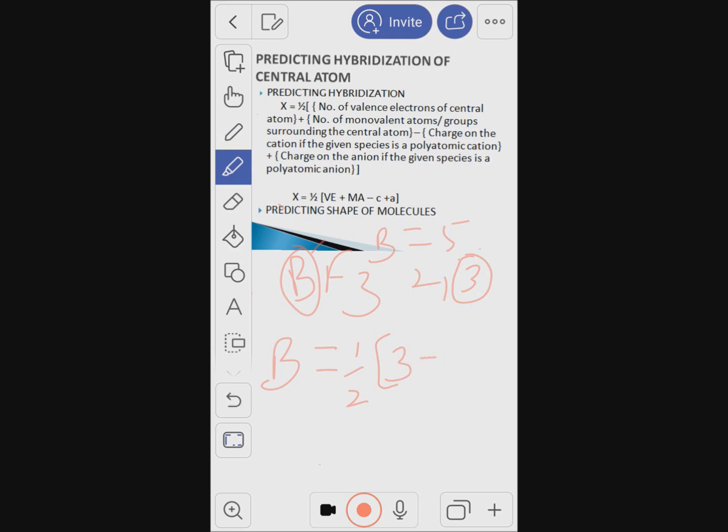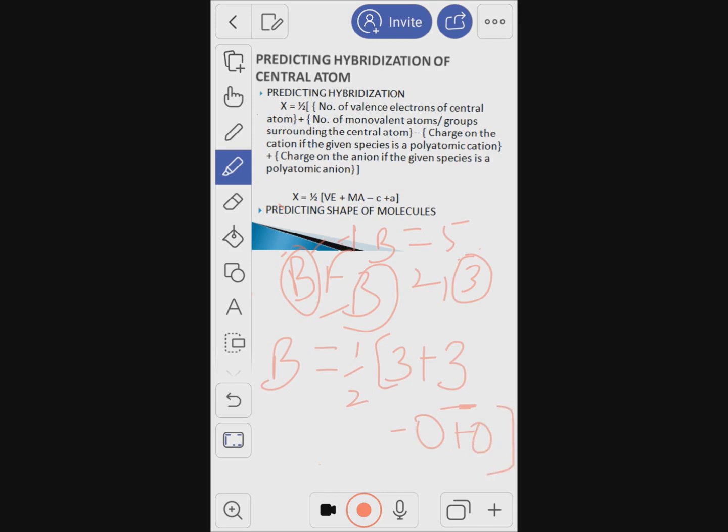Plus 3 monovalent atoms. Fluorine is monovalent because it carries a -1 charge. That's why it is monovalent. And here 3 fluorine atoms are attached to the boron. And here we write 3 minus 0, as there is no charge on the boron and no charge on the anion.